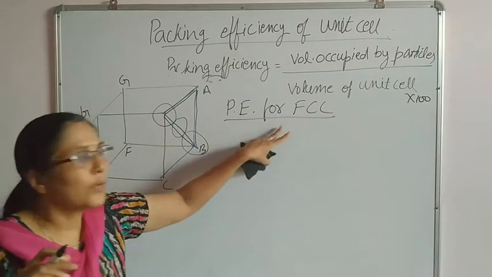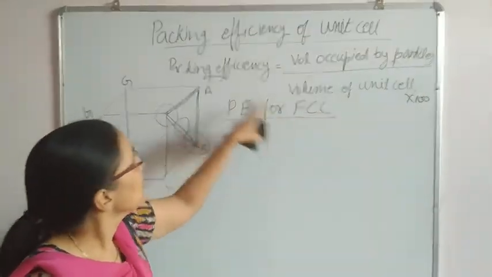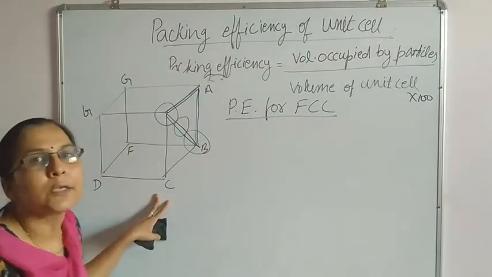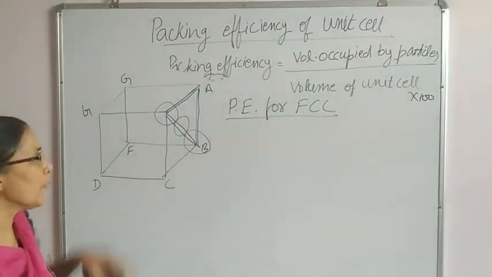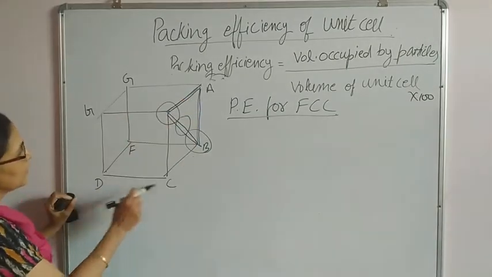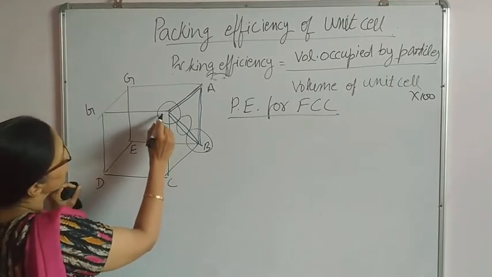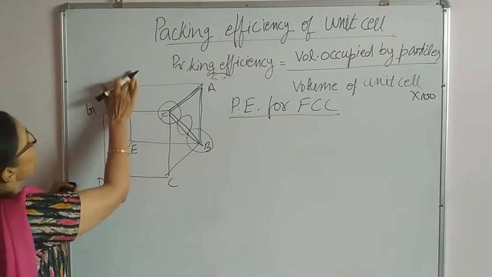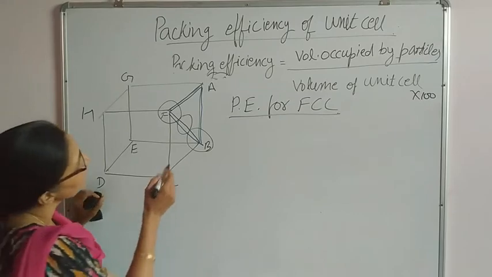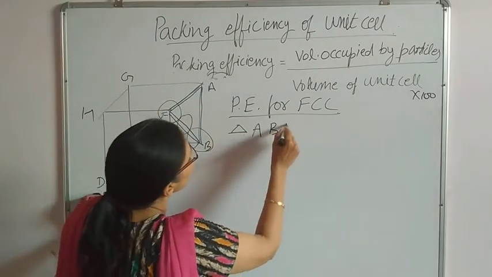Packing efficiency for the face-centered cubical cell. For the face-centered cubical cell, the same packing efficiency formula we will use, and you know the total number of atoms in FCC is 4. You can see in cube ABCDEFGH that we have selected the triangle ABF.